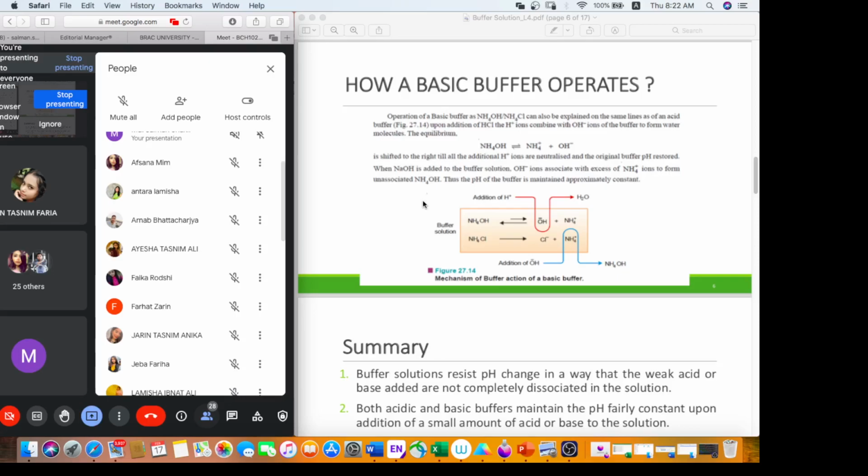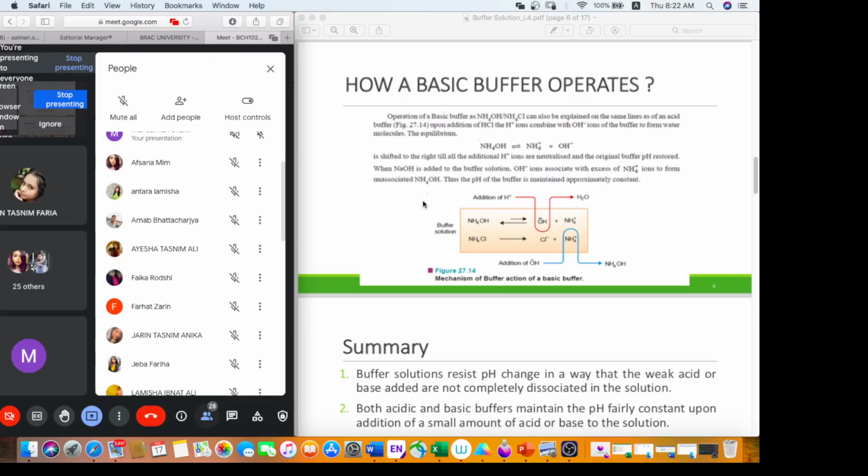So suppose you are adding acid into a basic buffer solution. What will happen then? Neutralize the solution. স্যার নিউট্রালাইজ হয়ে যাবে। Okay, how? Acid proton will associate with hydroxyl group, so it will convert into H2O.